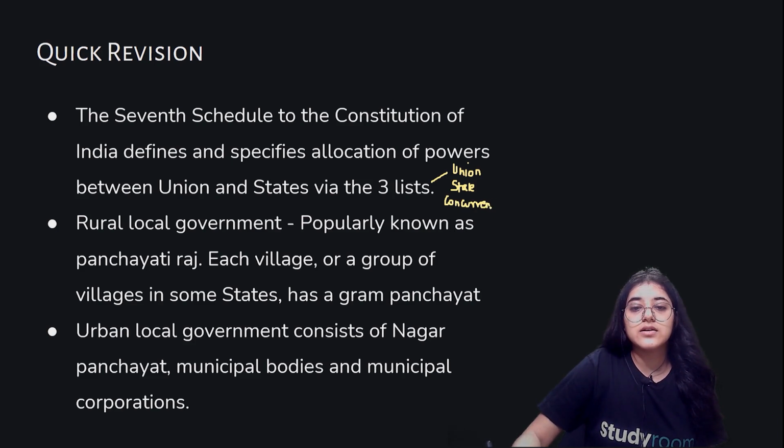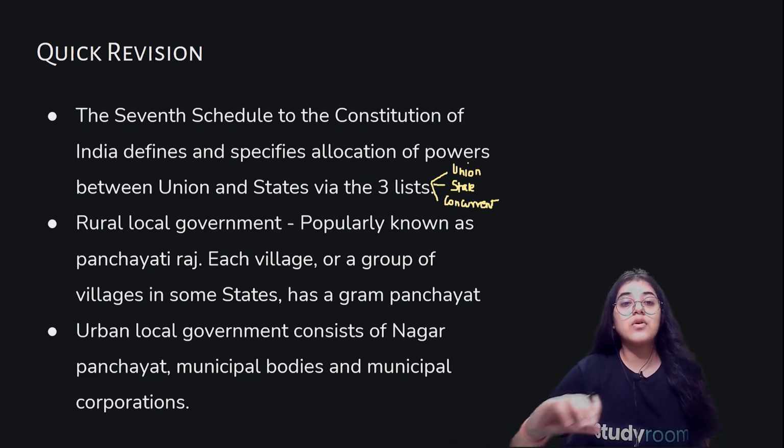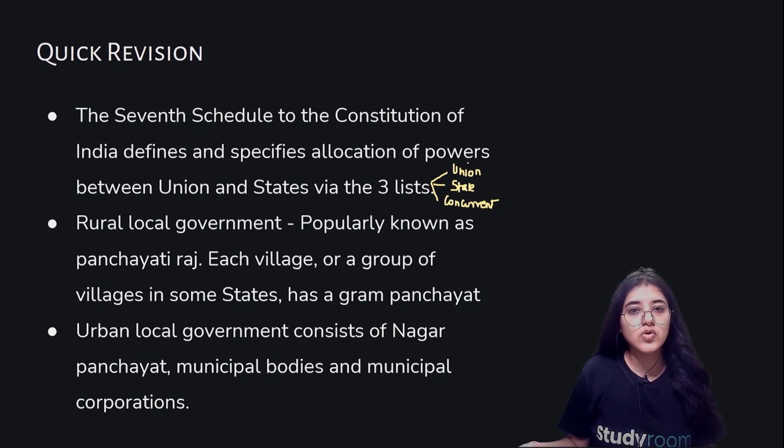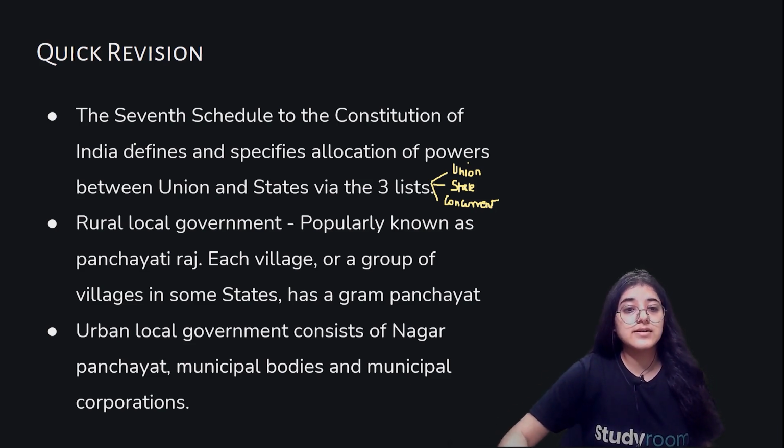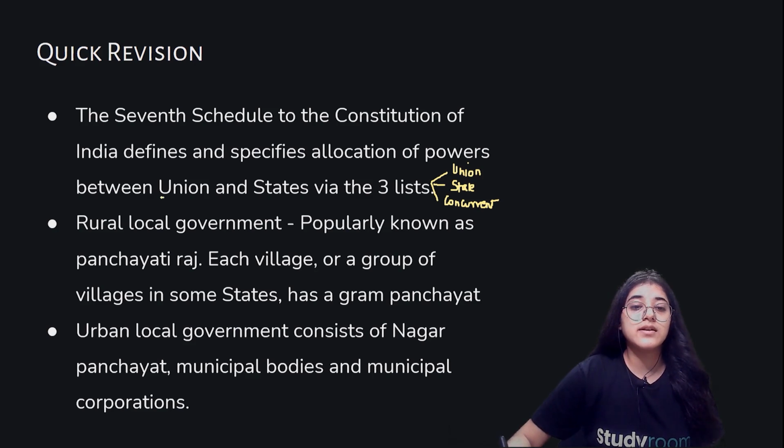Those subjects which don't come in these 3 lists are known as residuary subjects, and the power to make decisions on those topics is known as residuary power.